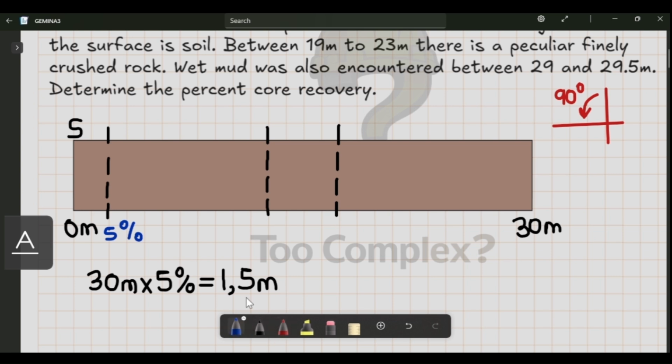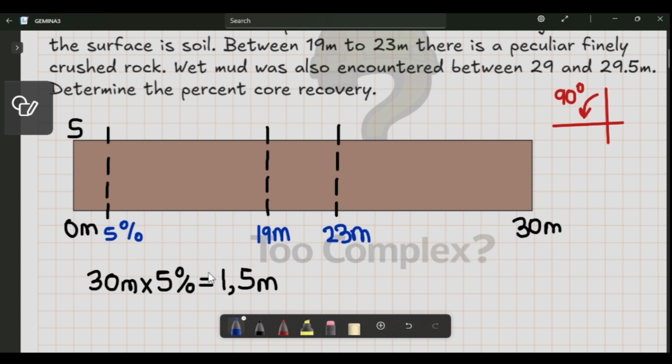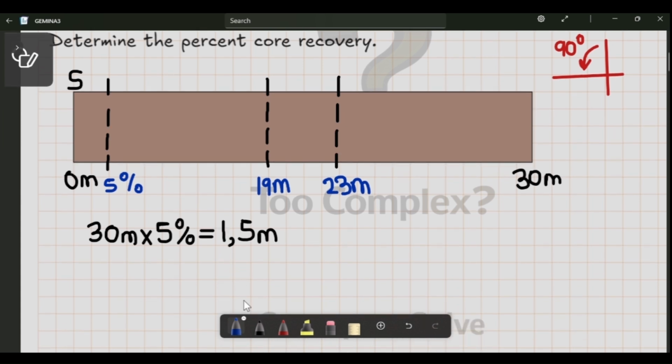So let's assume that somewhere here we've got 19 meters, and then here we've got 23 meters. To find the length between the two, we're going to say 23 minus 19, which gives us 4. So this is 4 meters.